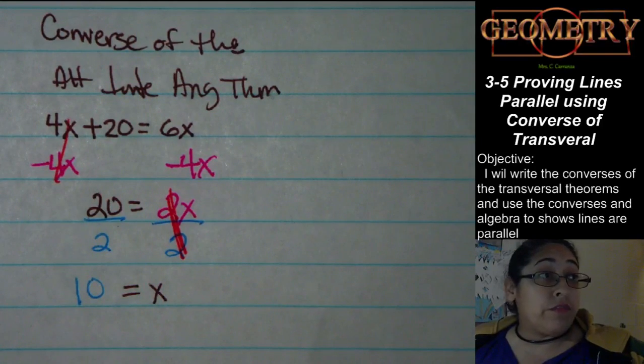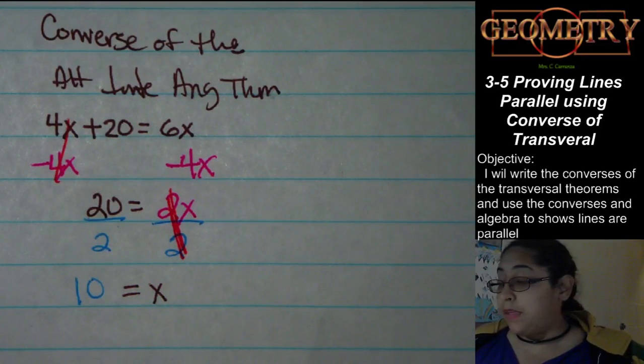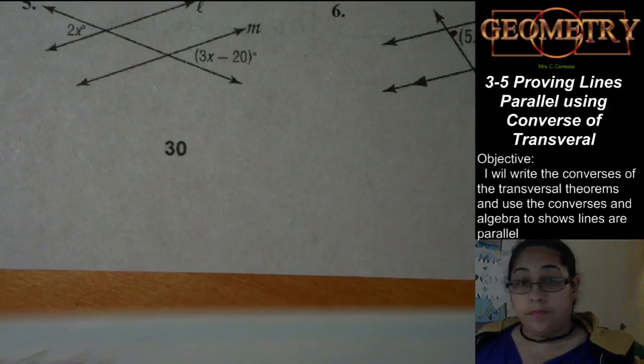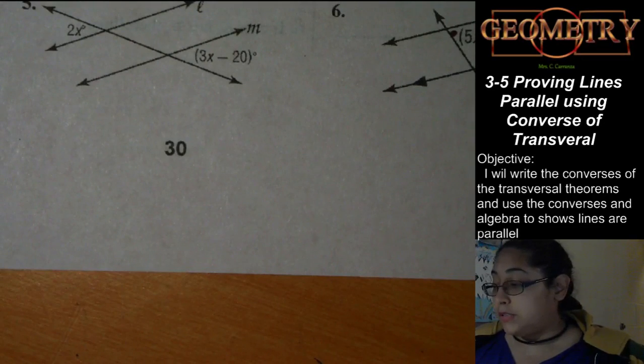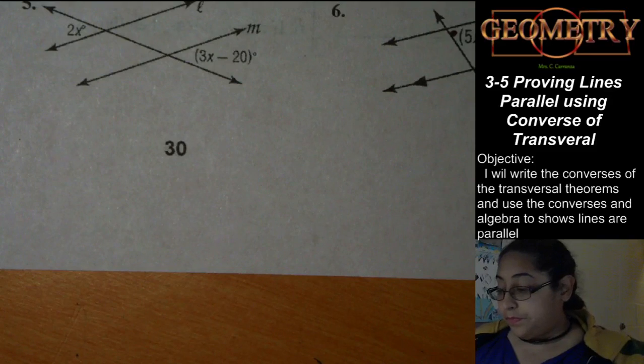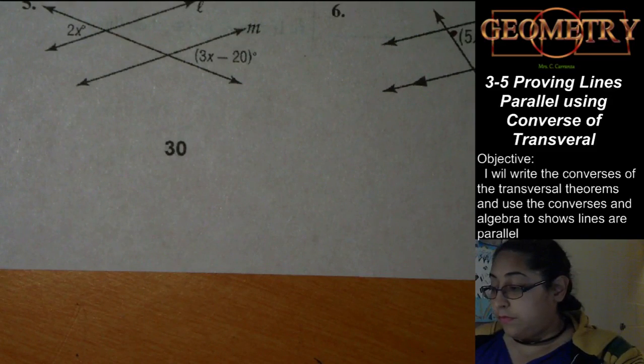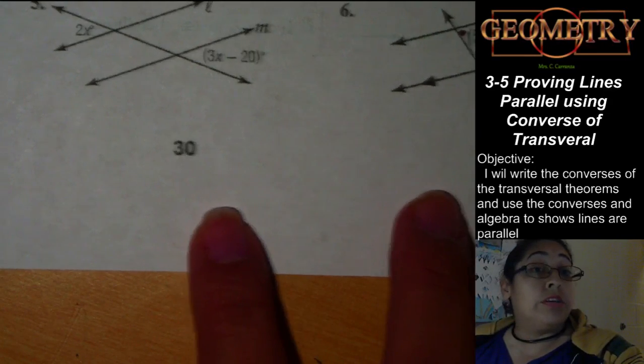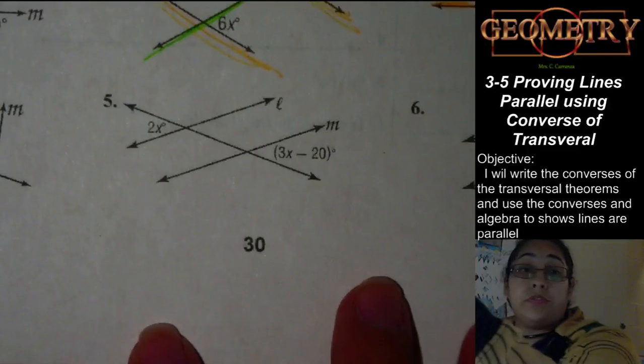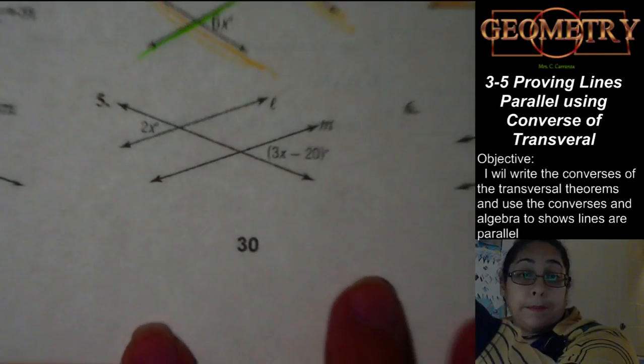Do you want to try to find one where it's supplementary to see the setup on that one? Yes. Tell me which one that is. Number 4. All right, 4 is the one where they're going to end up being supplementary.